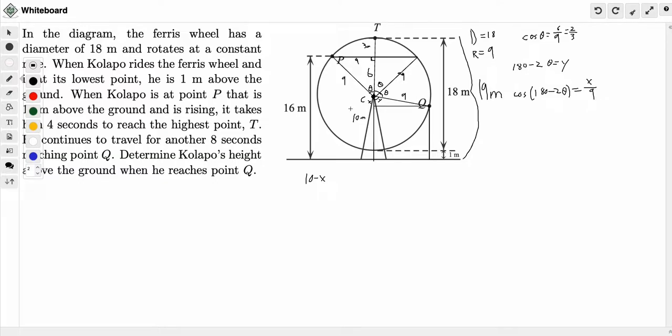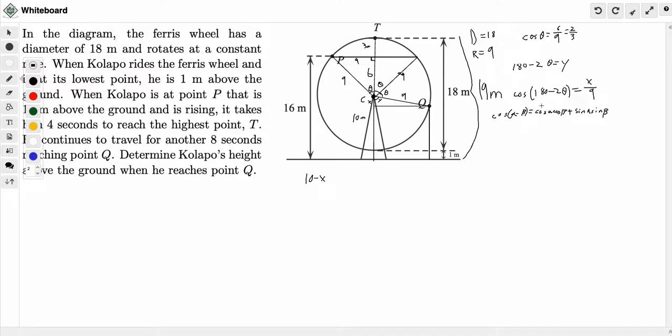Now I can use some double angle identities to solve this. The first one I'm going to use is cosine of alpha minus beta is equal to cosine of alpha cosine beta plus sine alpha sine beta.